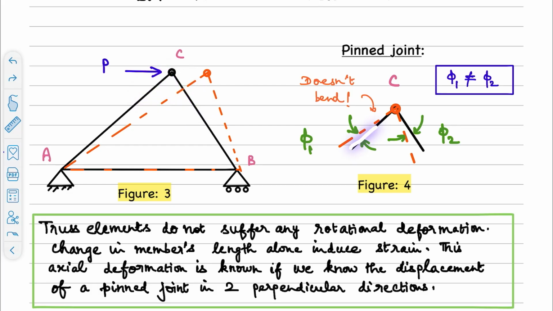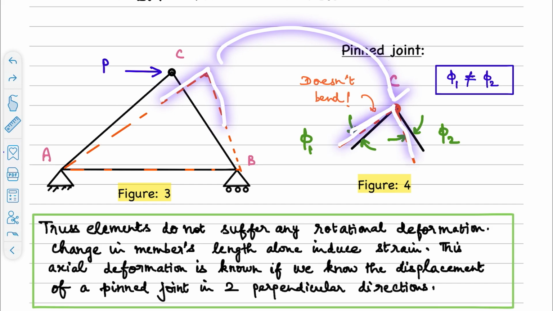Here it is not appropriate to overlap this on top of that, but just to show the change in angles, we are doing that here. That is before deformation. This is how this joint C is. And from the displaced profile, we are taking this and overlapping here. So this is the manner in which the joint C will become after the application of load.